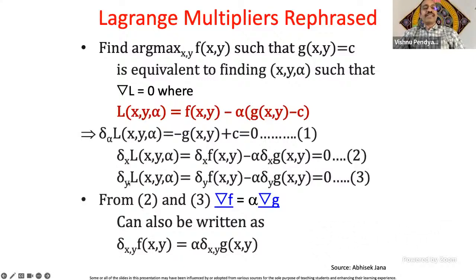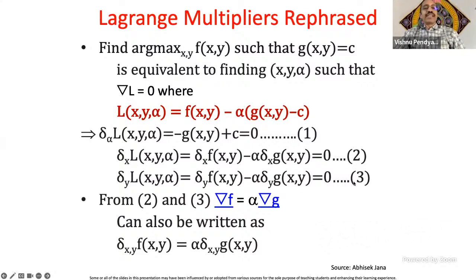And the third element of the gradient is the partial derivative with respect to y. When you take the partial derivative with respect to y, you get this expression. So instead of x, you have y. That's the only difference.